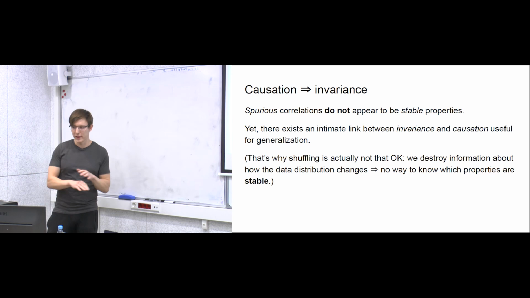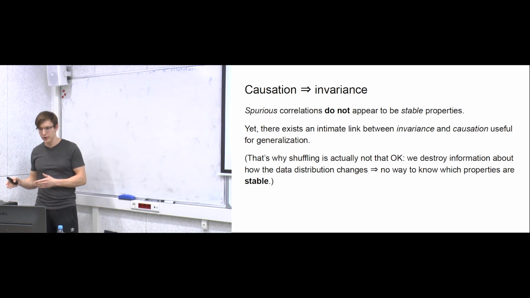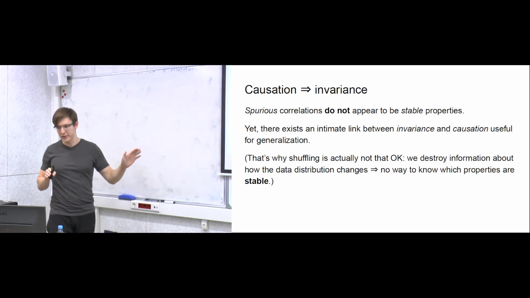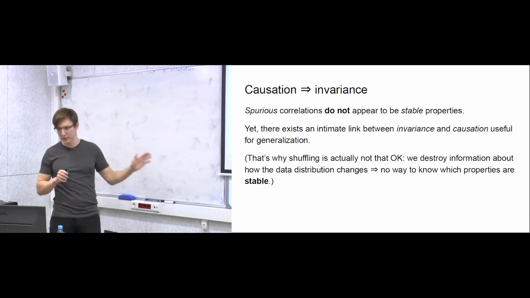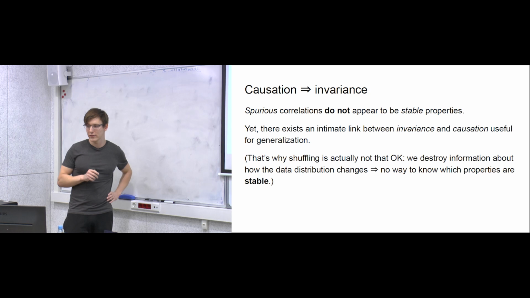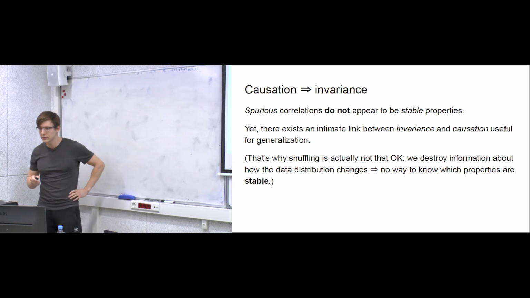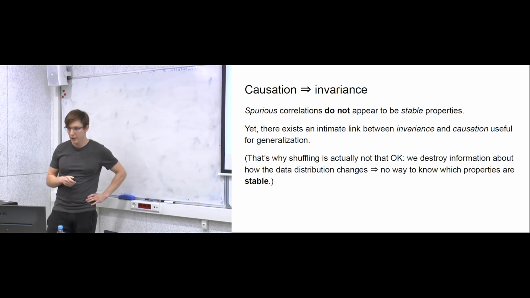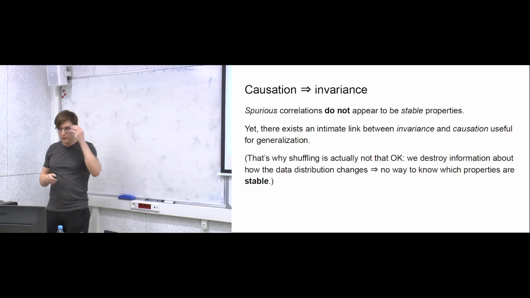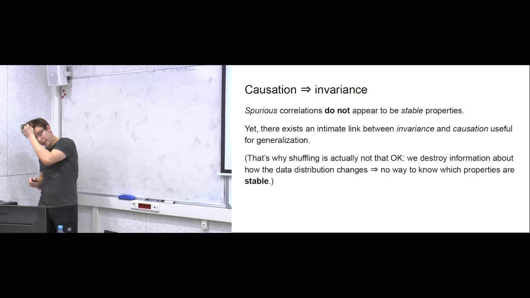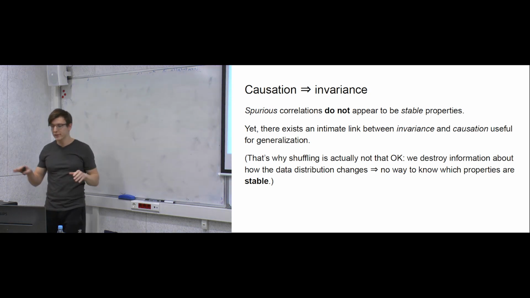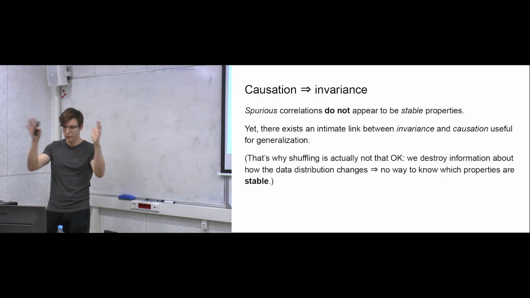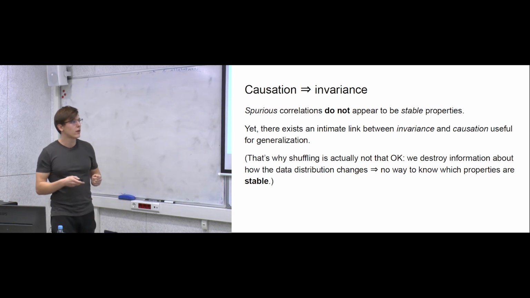And when we mix them and receive one big data set, we destroy this information about how it changes. But that's just a side point stated by the authors. That's not the main idea. What you're afraid of is you have a single data set, but it's collected from different environments. Yes. And you don't want to shuffle the environments, actually. Yes, you don't want to shuffle data from different environments into one big data set.